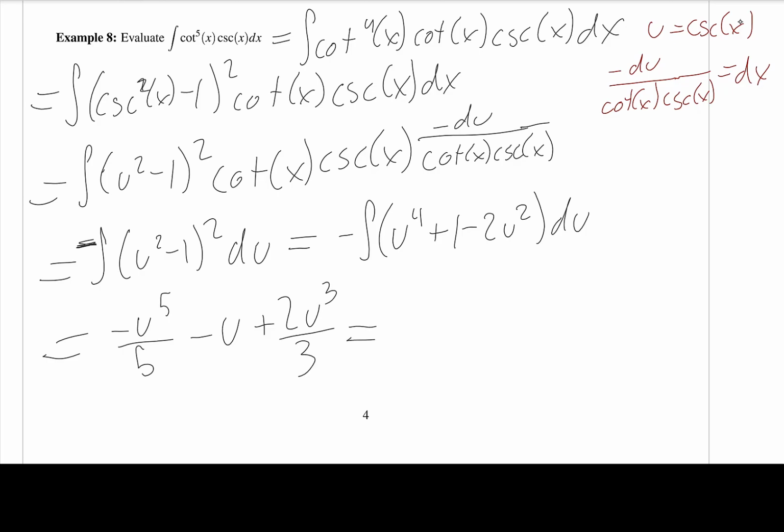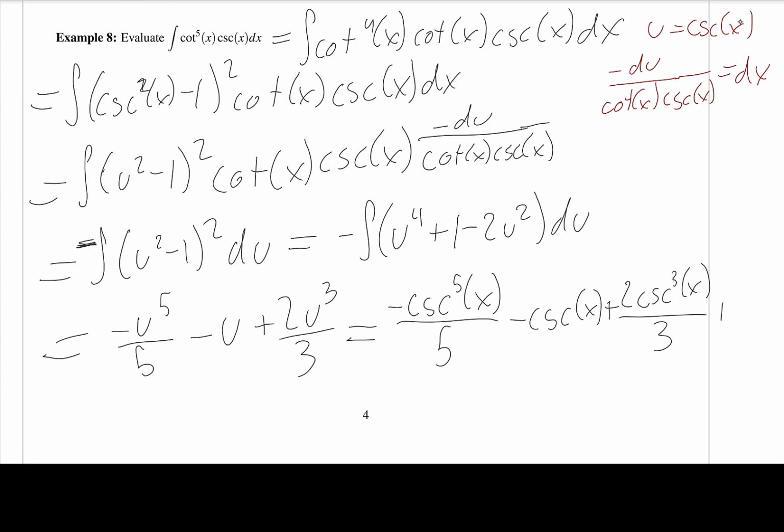So this is negative cosecant to the fifth of x over 5 minus cosecant x plus 2 cosecant cubed of x over 3 plus C. And I welcome you to go ahead and take the derivative of that and prove that it's really equal to this up here. Or you can believe me. Don't know which one is more fun.